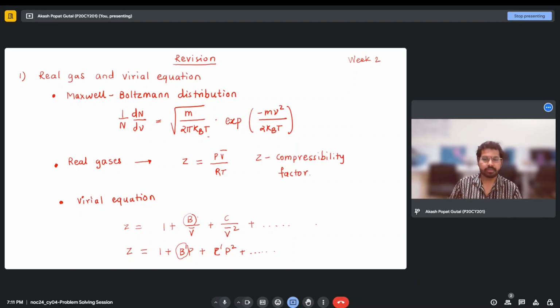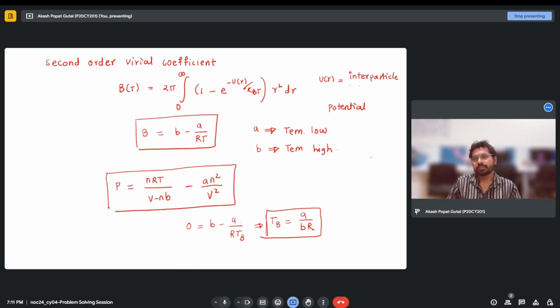We can write the same equation in terms of pressure also, where we introduced new coefficients, which we named B dash and C dash, when we consider the pressure to define the virial equation.